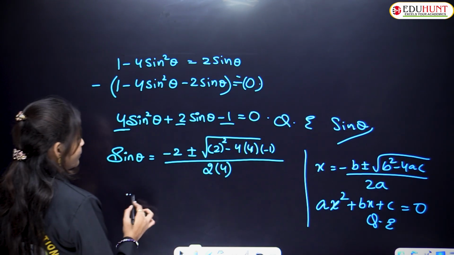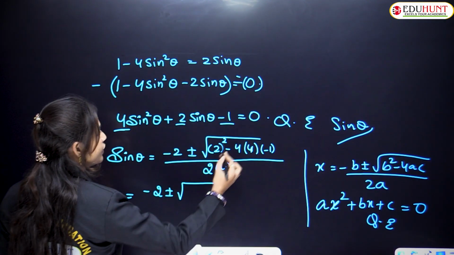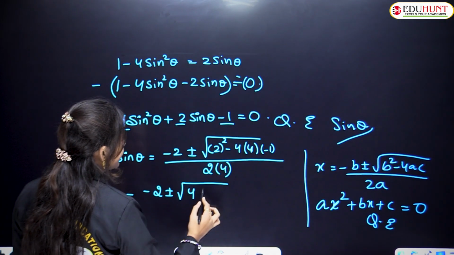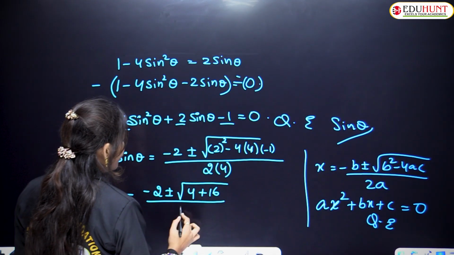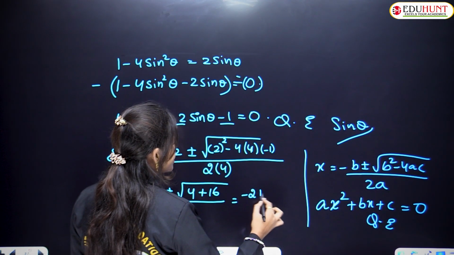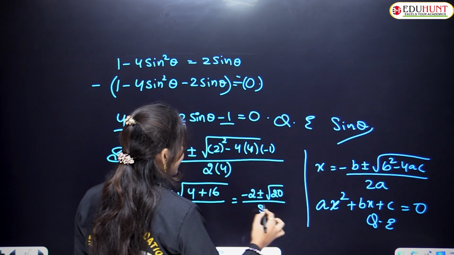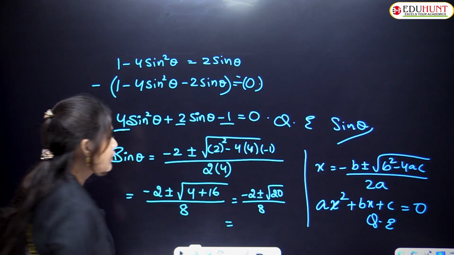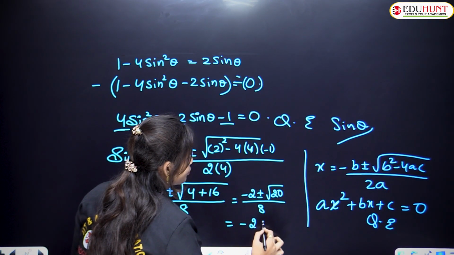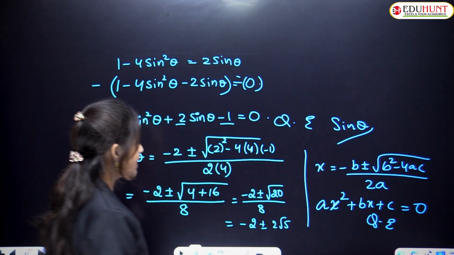Okay, so here minus 2 plus or minus square root of 2 square, 4 fours are 16. So minus into minus plus 16, whole by 2 fours are 8. Which is equal to minus 2 plus or minus square root of 16 plus 4 is 20, whole by 8. Here take that 2 as common. We can write this as minus 2 plus or minus 2 root 5, since 4 fives are 20.